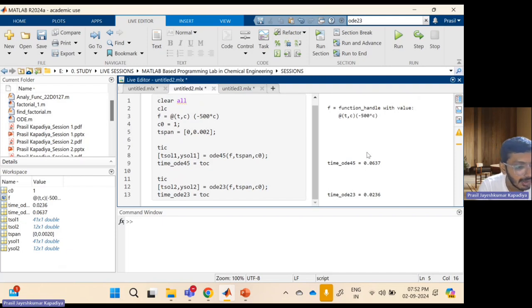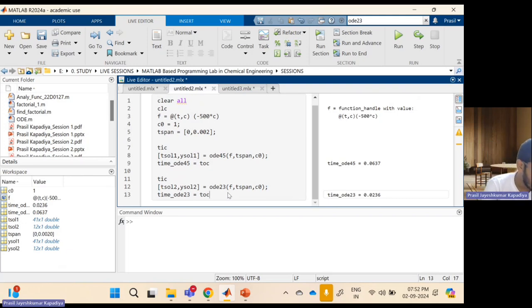Yes, it is correct. So this is what we are getting. ODE45 takes more amount of time. Right now it is not visible because our system is really small and it is done in fractions of seconds. But ODE45 is taking longer time compared to ODE23.